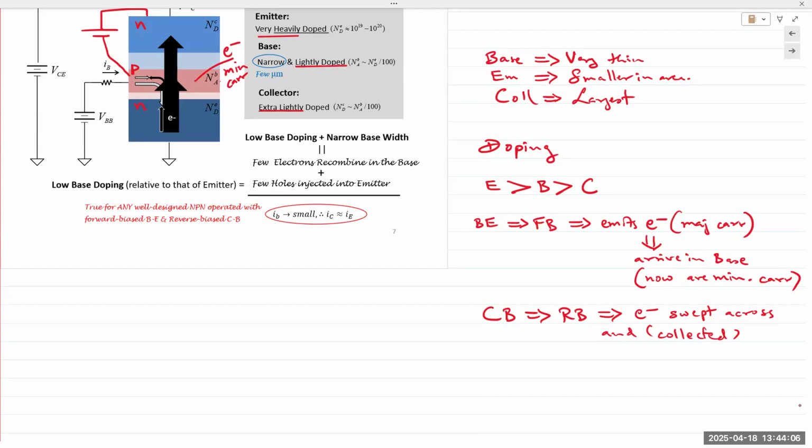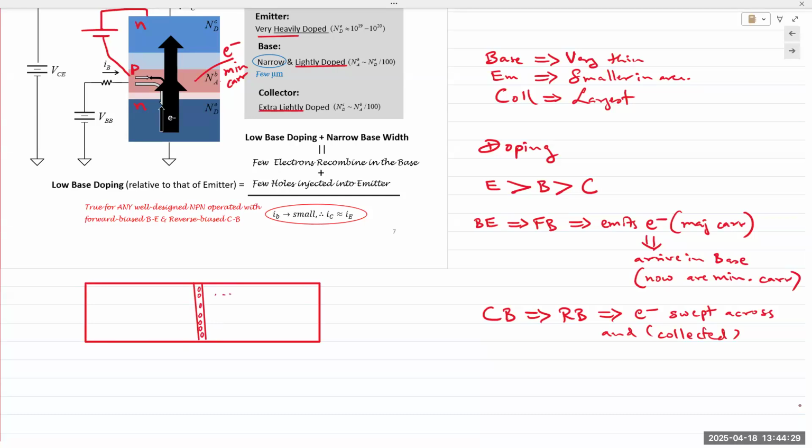Okay, let's recap again. We have an NPN transistor. Let's draw some visual aids. Very thin, just a few holes.